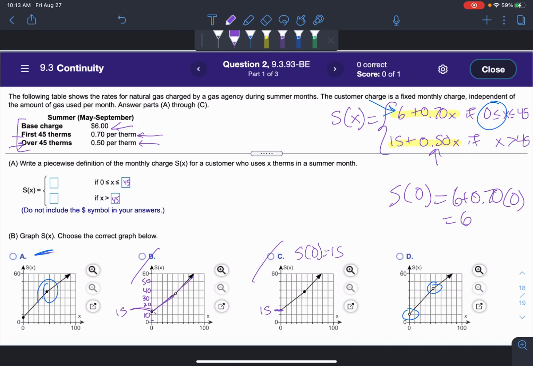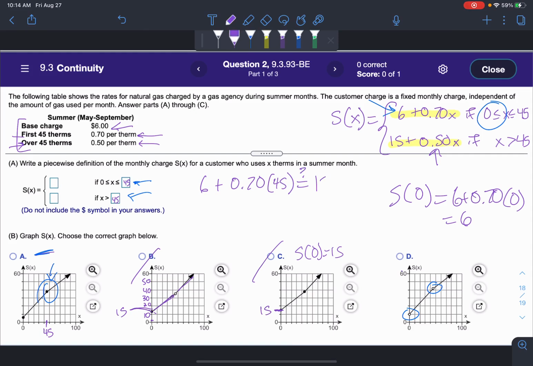To get that point, I want to plug in 45, because that's what divides these two ranges, right? I want to plug 45 into both pieces of my piecewise function and see if they're equal. Because if they're equal, then they would meet at this point and it would be filled in.